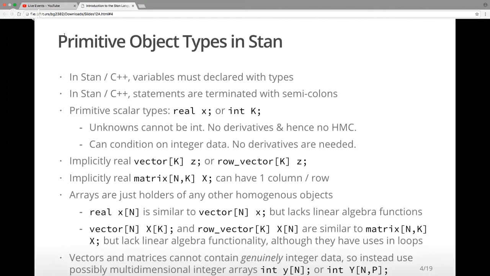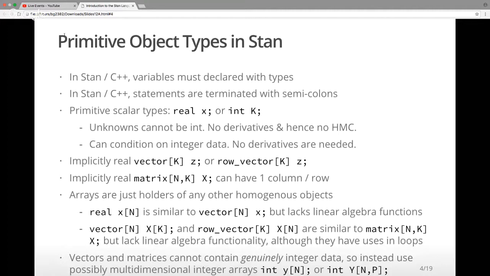Primitive scalar types in the Stan language: real numbers and integers. There are no characters, there are no factors, basically there are no Booleans even yet. Logical variables, true and false, are all real numbers or integers. Real numbers have decimal points, and integers don't.